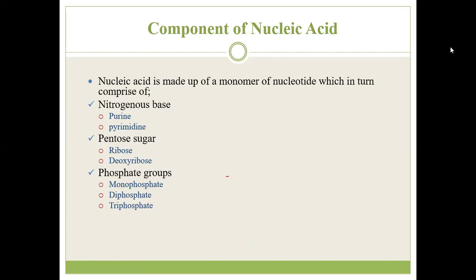We have a nitrogenous base, a pentose sugar, and a phosphate group. So a nucleic acid is made up of a nitrogenous base, a pentose sugar, and a phosphate group. We will see how this nucleic acid comprises these things.